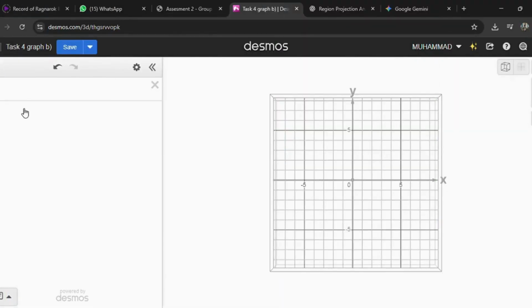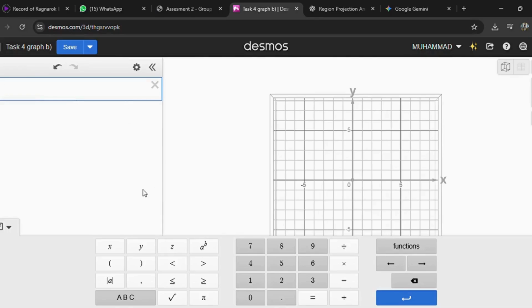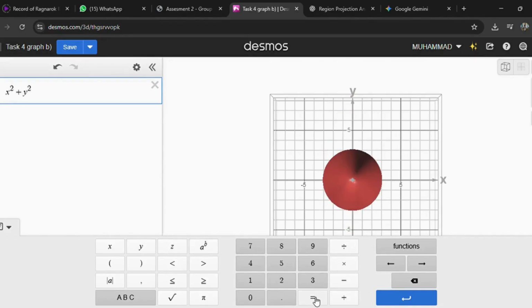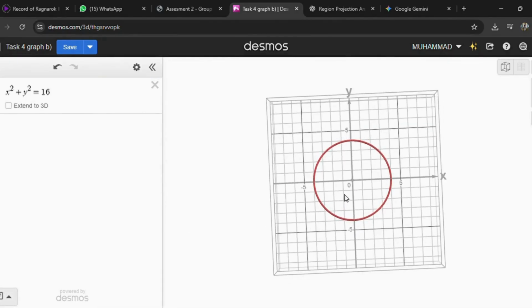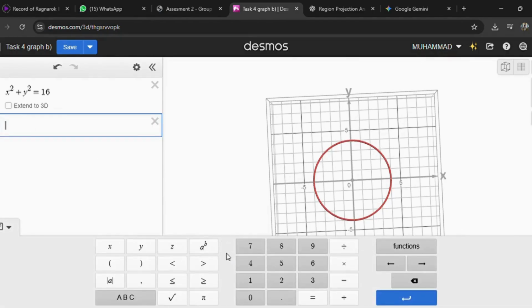We make a projection onto the y and x-axis only. First, we take the sphere equation but remove the z, which is x squared plus y squared equals 16. This is the circle. Then we put the cone equation.